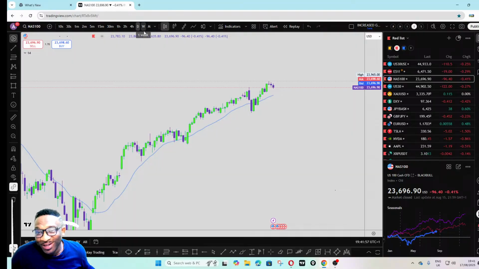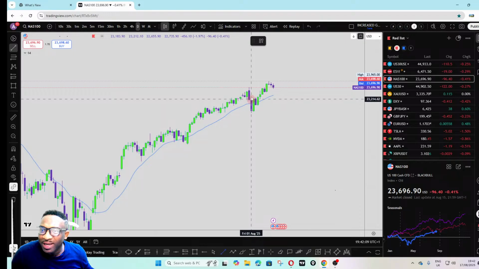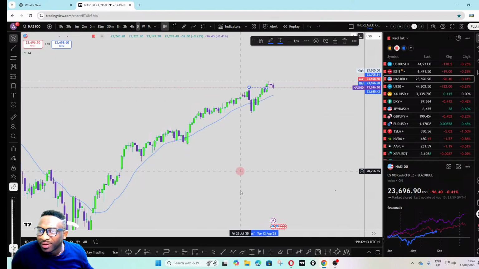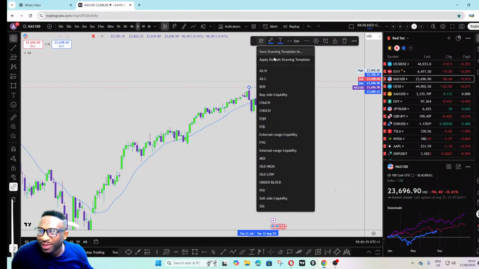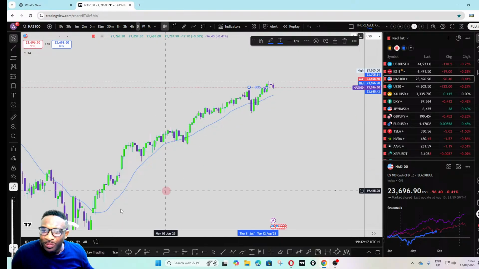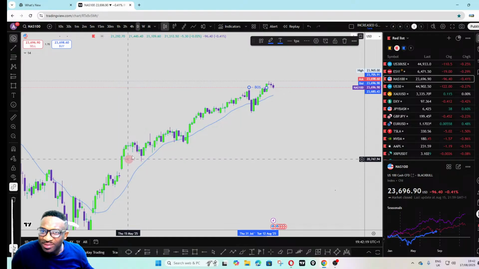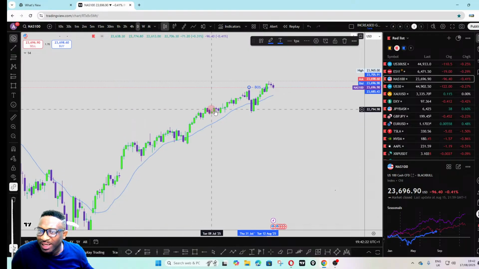On the daily we can identify that we recently had a break of structure here, a break of structure right here. We can also identify this bull run that has come all the way to this high, and then we've identified a break of structure here.